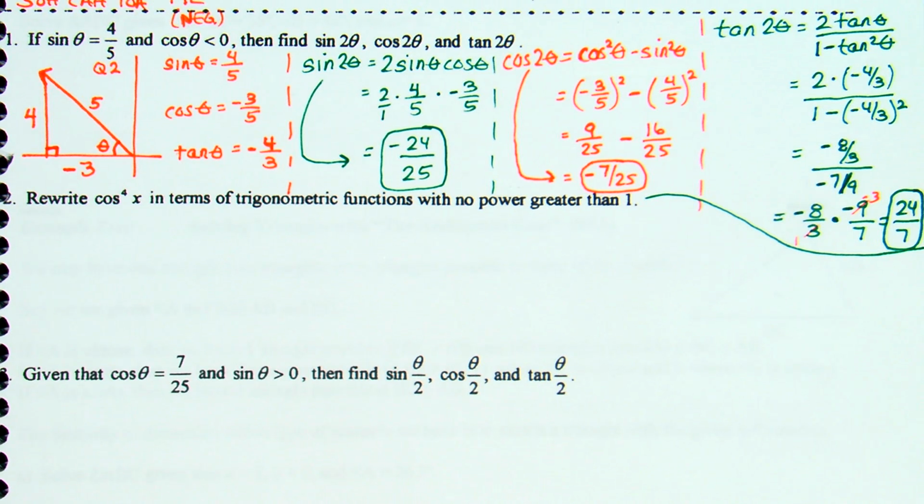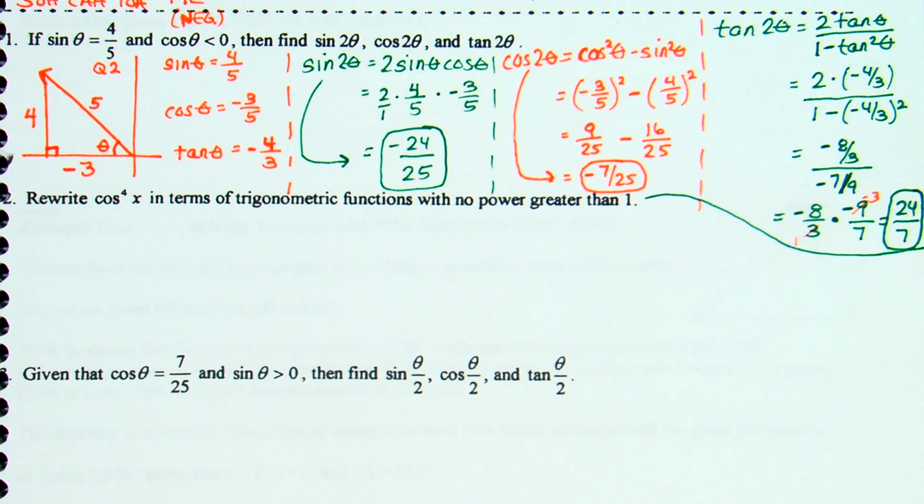If we're trying to write cosine to the 4th, no power greater than 1, what type of identity am I going to use? Power reducing, because what are we trying to do? We're trying to take a 4th power and reduce it. Logic? Okay. Now, the problem they give us is cosine to the 4th. What do you notice about your power reducing identity up above?